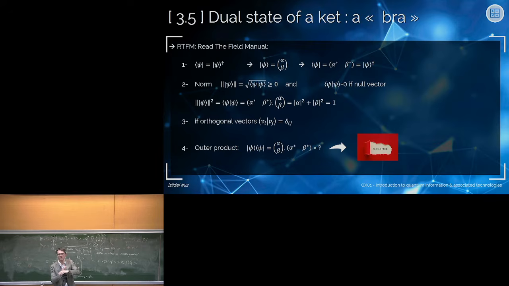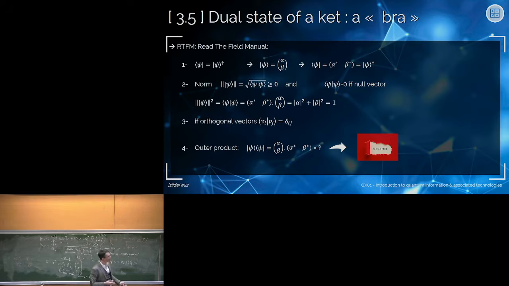Because if I have orthogonal vectors, then the scalar product would be 0. Again, this inner product is a generalization of a scalar product. That means that if this bra and this ket are orthogonal, then this has to be 0.